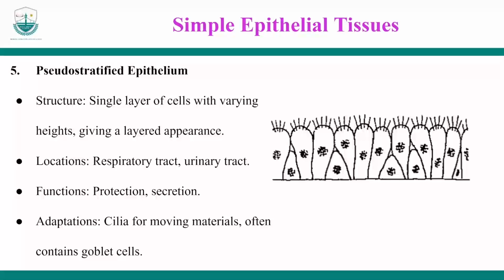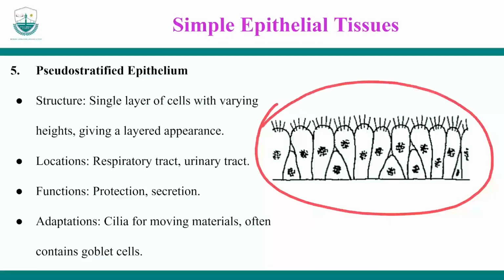And then we have what you call the pseudostratified epithelium. Here, you have cells that have different shapes, different heights, and this makes it appear like it has several layers, yet it is basically a single layer.